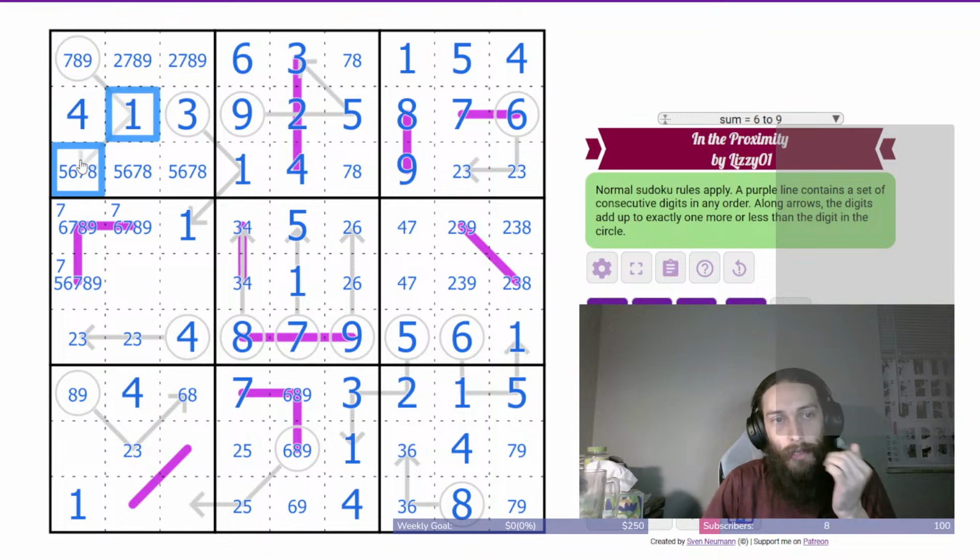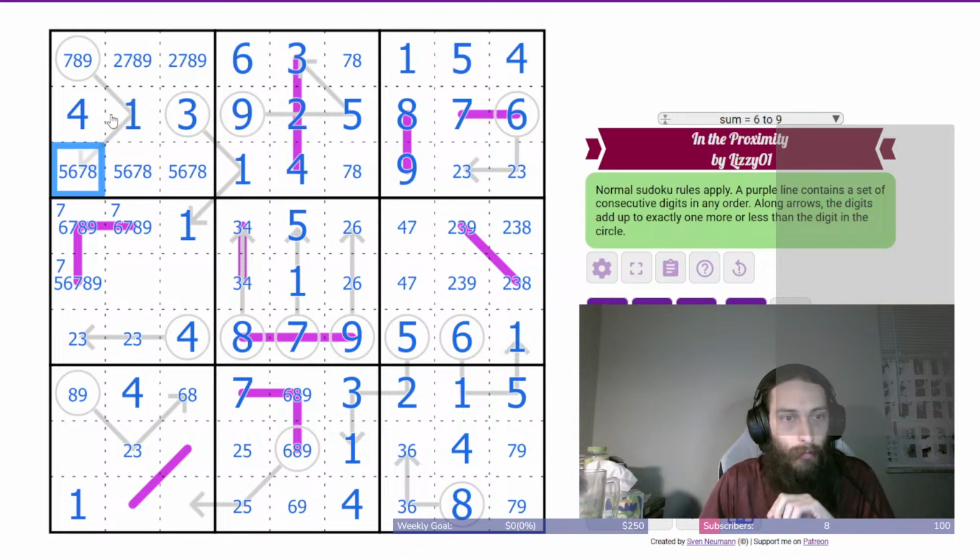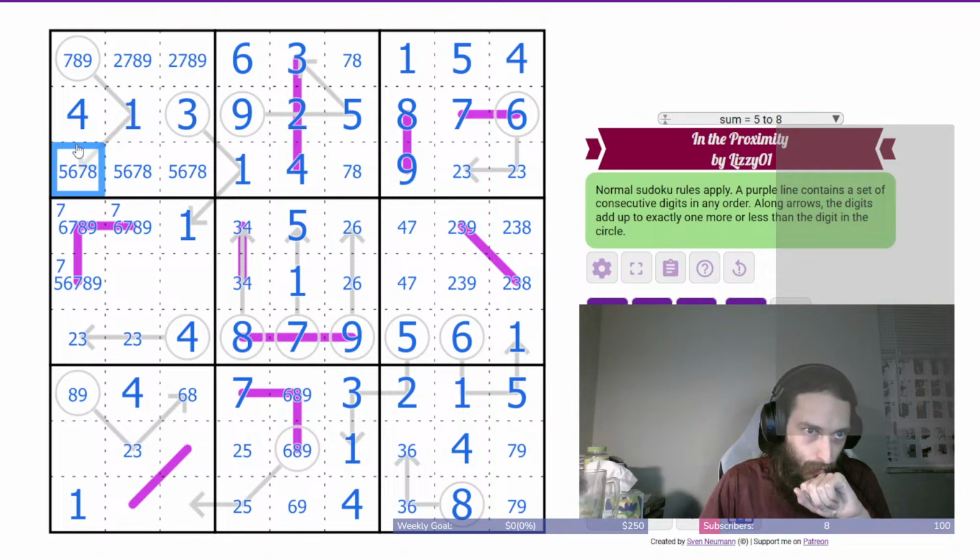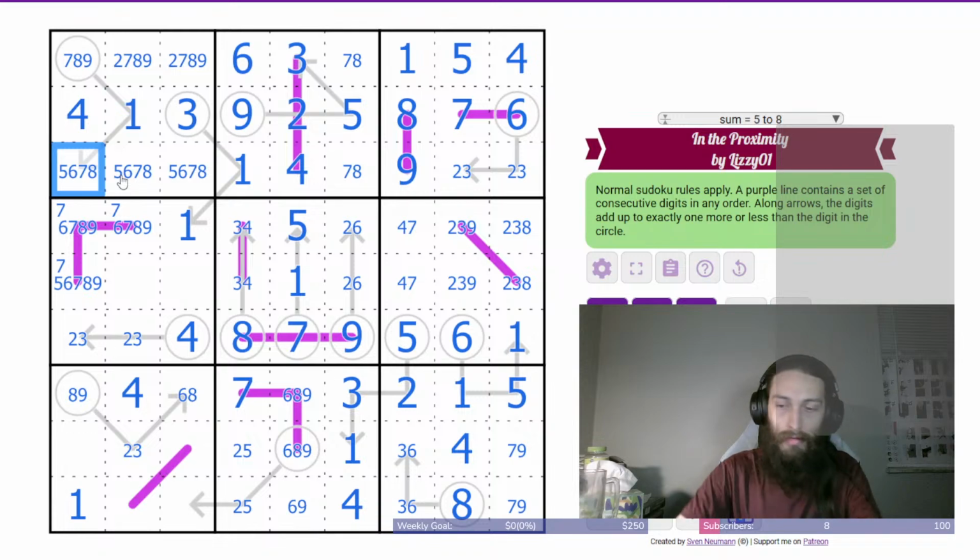Although, you can't do 1 and 8 to make 9, because you can't subtract 1. Because this is a 1, this has to be 1 more than this, I think. Well, 9 would have to pair with the 8. So you can't do 1 and 8.